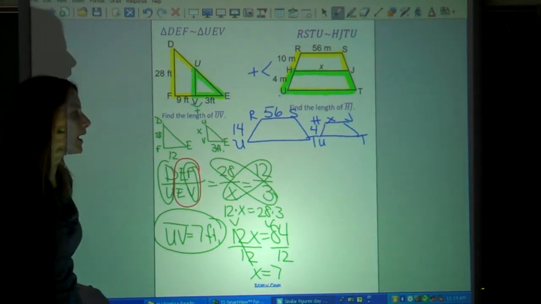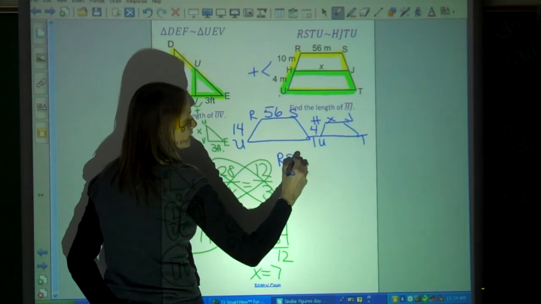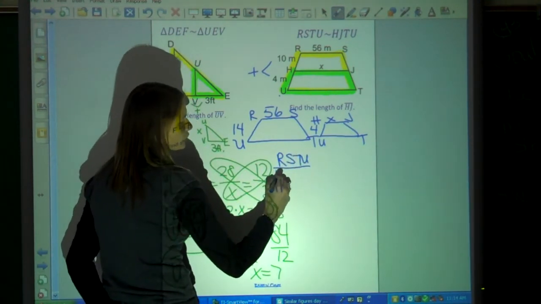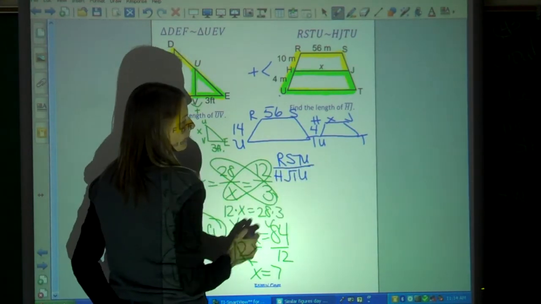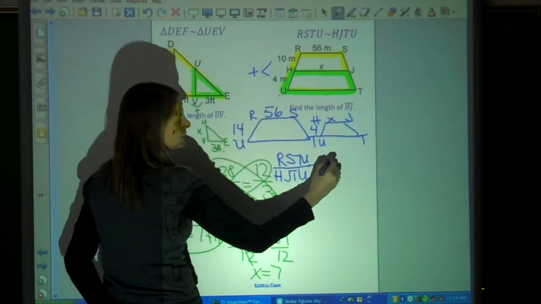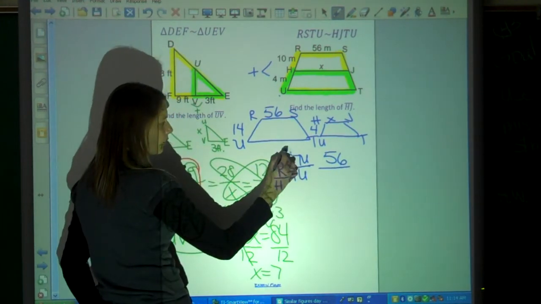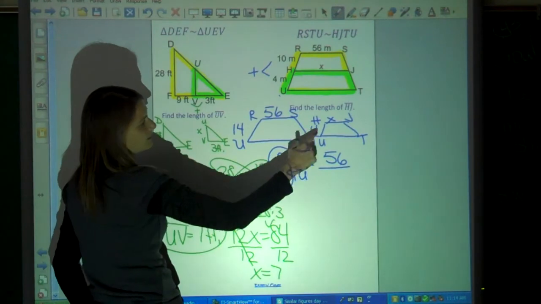And now I'm going to match up my two shapes. RSTU over top of HJTU. And I'm going to look here, and I'm going to start with RS, which is 56. And when I look back at my name, RS corresponds or matches up with HJ.